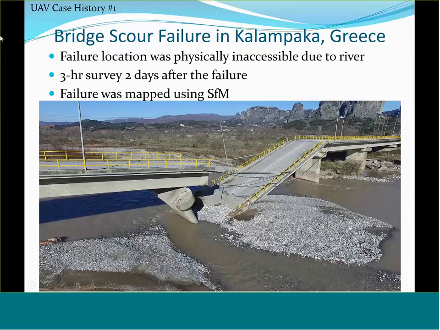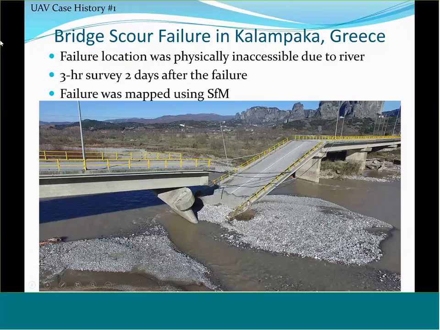One of the bridge piers was subjected to scour and moved. As a result, the pier toppled, and of course the bridge deck collapsed.